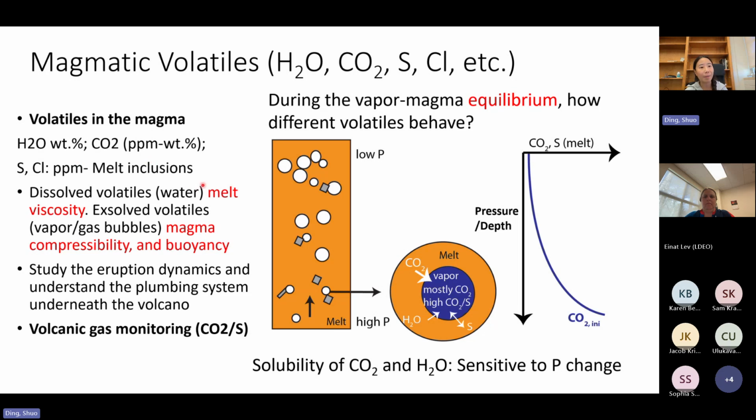Melt inclusion, which I'm going to show a picture of later, is one way for us to measure the volatile concentration in the magma at the pre-eruptive stage.